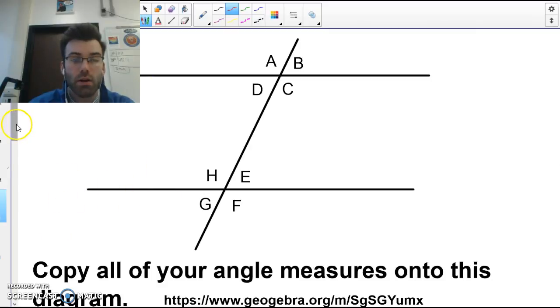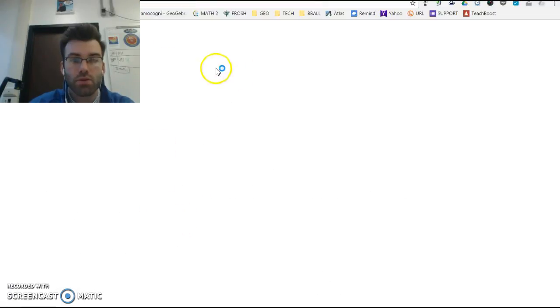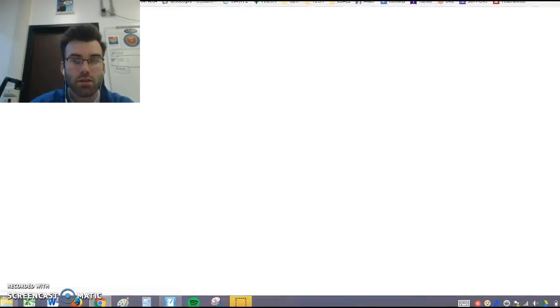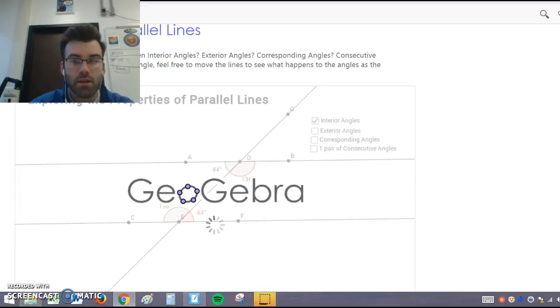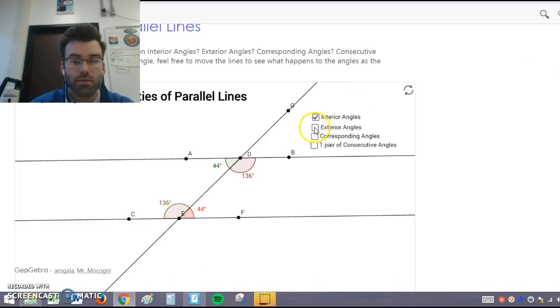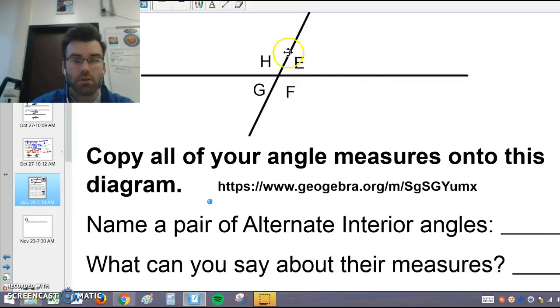Lastly, you have this link right here. I want you to go to that link. When you go to that link, you should see a web page that looks like this. I'm going to click interior and exterior, and I want you to write down all of these angle measurements on your diagram.